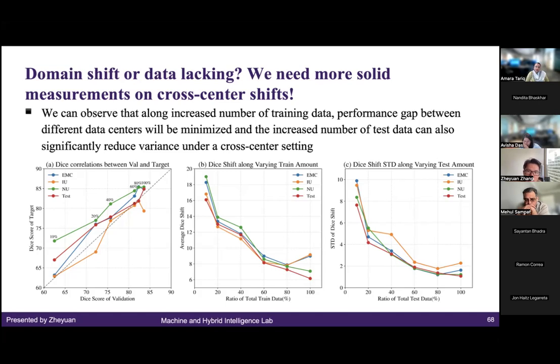So before claiming a domain shift, we need more solid measurements on some core center shifts. We need to use a relatively large number of testing cases to guarantee that this comes from the shift between centers rather than from case-level variance.